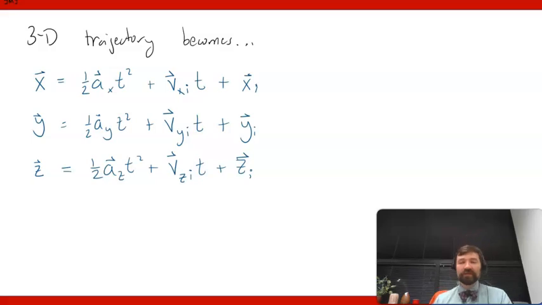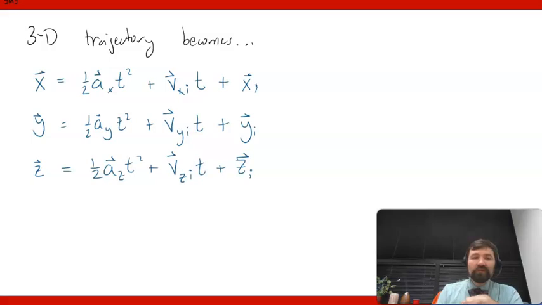Now you'll notice that in all 3 equations, only the x components affect x, only the y components affect y, and only the z components affect z. So once you've gone to Cartesian coordinates like this, whether it's in 3D or 2D, you can treat each of these coordinates independently from the others.